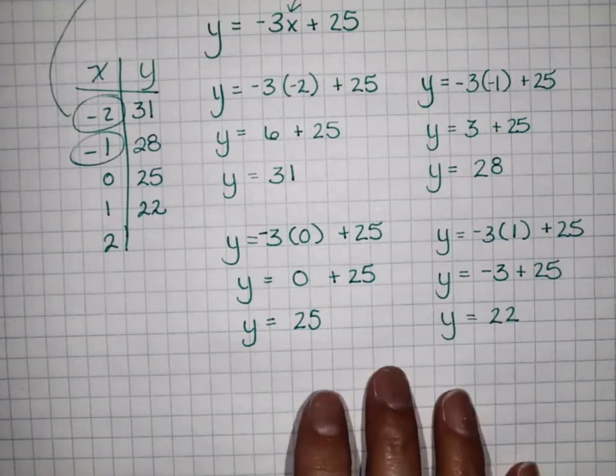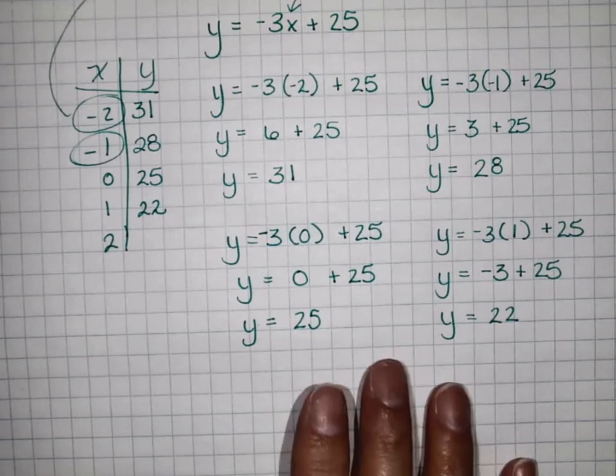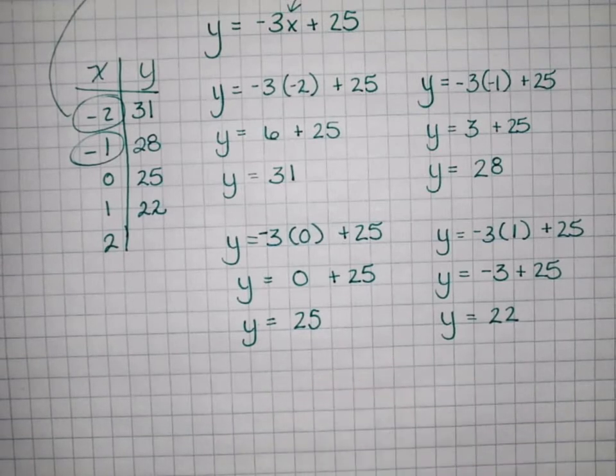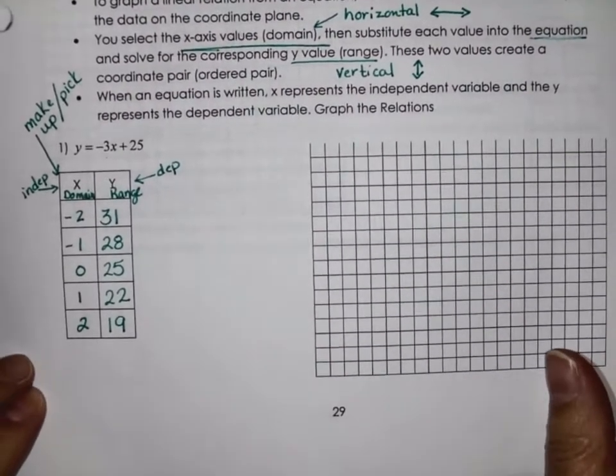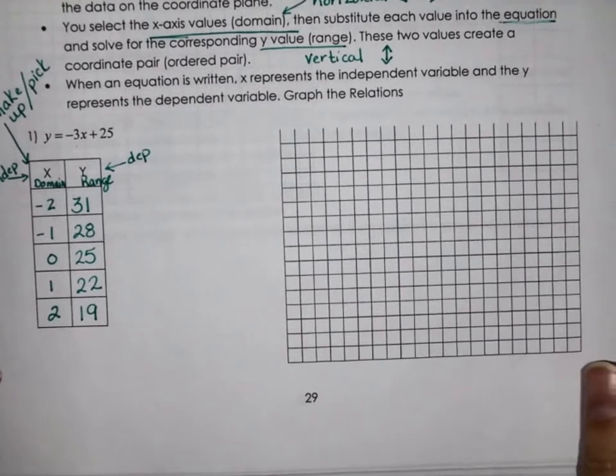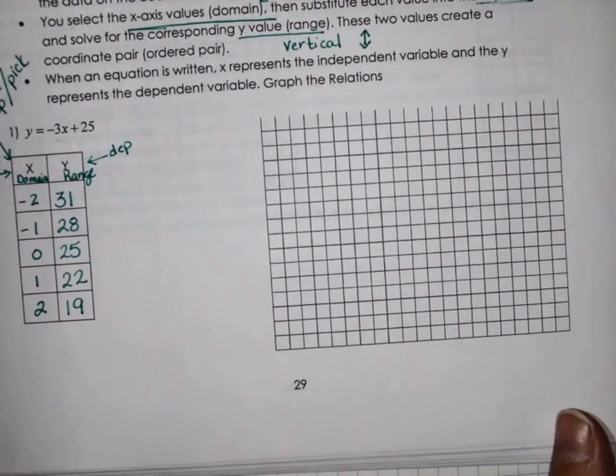Oftentimes I'll do all this math on a scrap piece of paper so that I don't clutter up my table. So I'm going to go back to my notes. Did you guys get 19 for the last one? Okay, good job. Way to math it out.